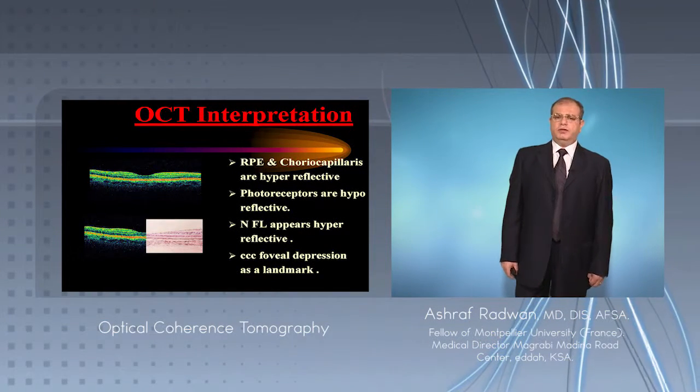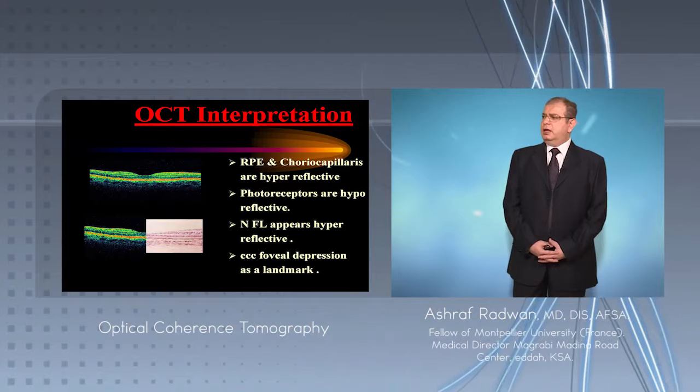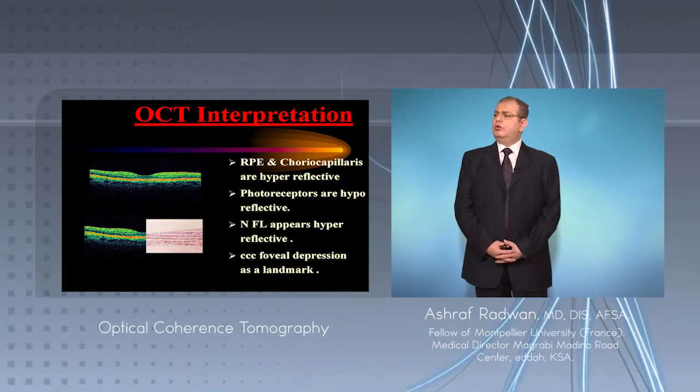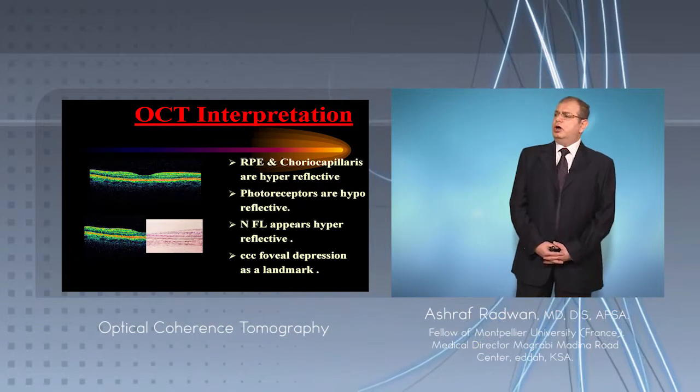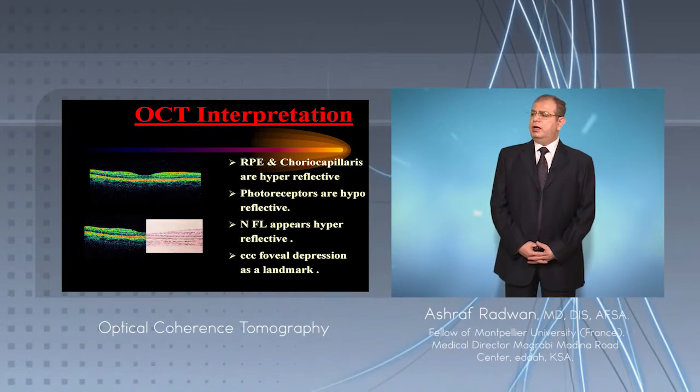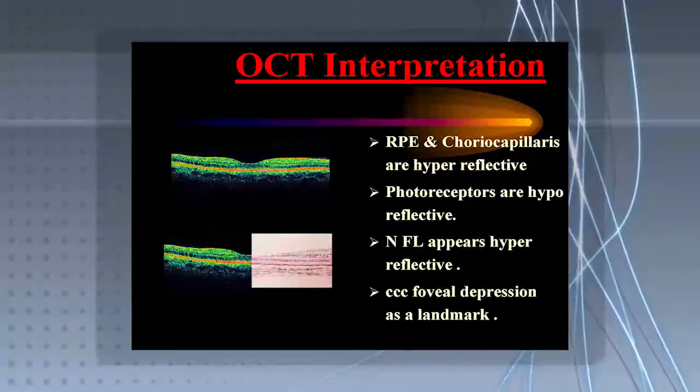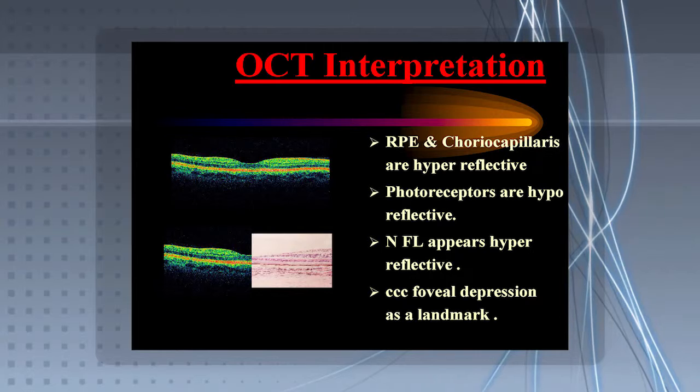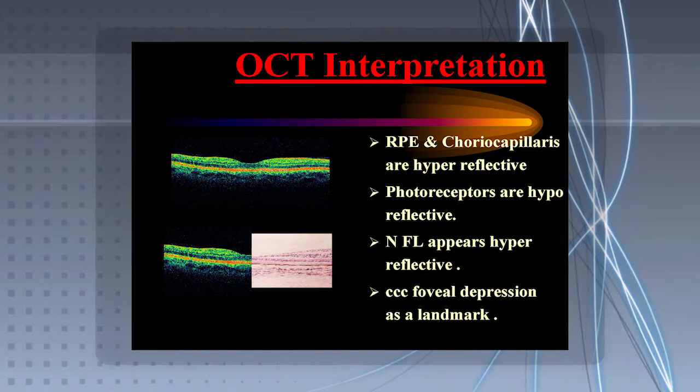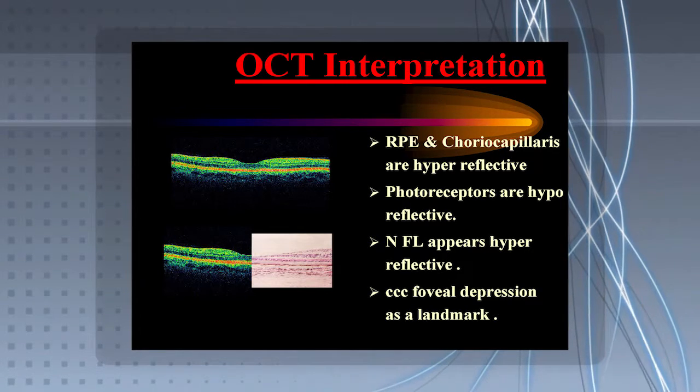Regarding the interpretation of the OCT, we see a normal OCT picture of the normal macula compared to a pathological specimen of the macula. As you see, they are very close to each other.